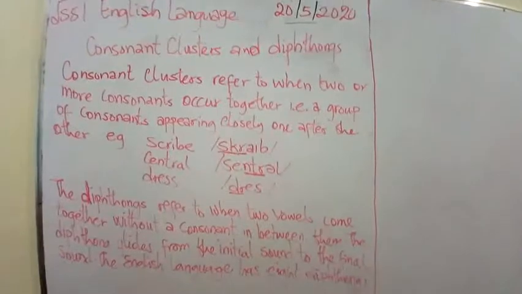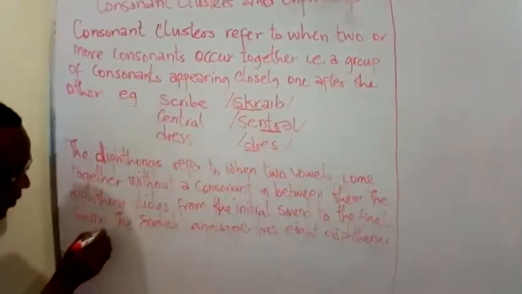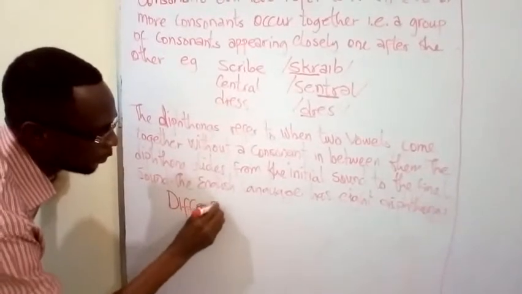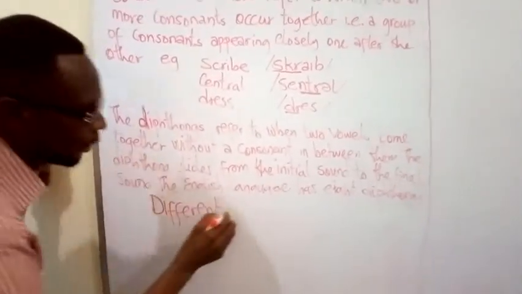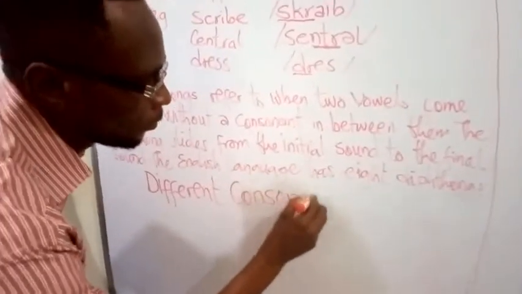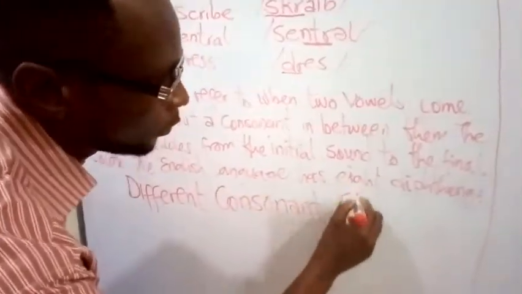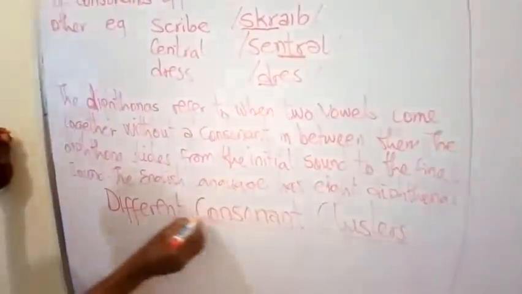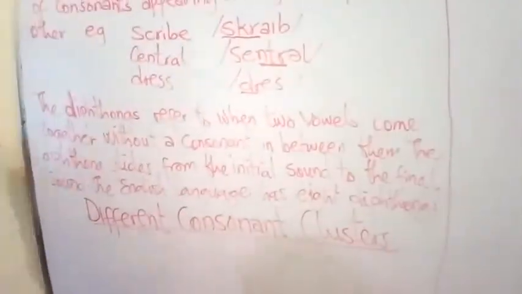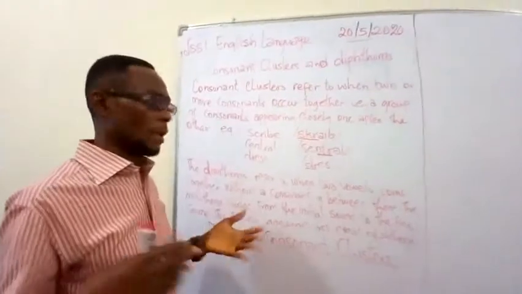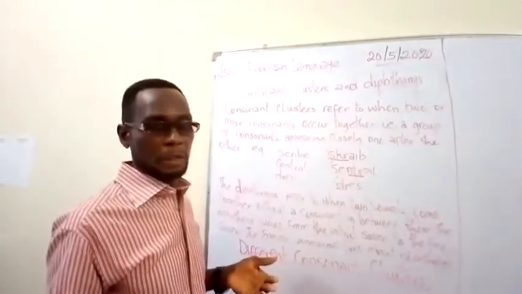Let's look at different consonant clusters. Remember, I told you that we have different types of clusters. We have the one at the beginning.